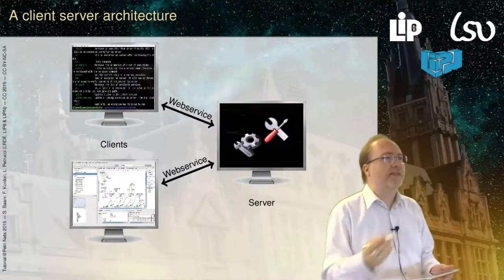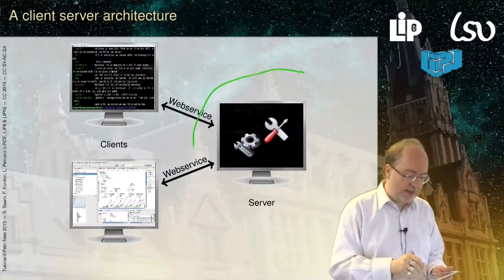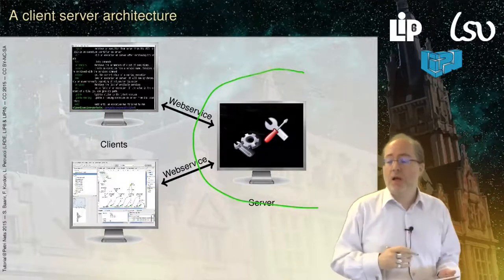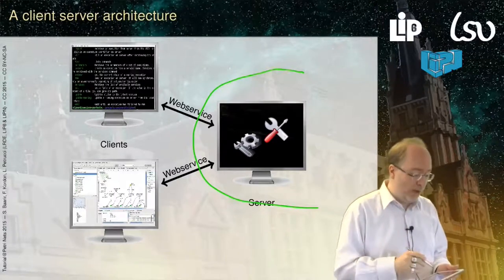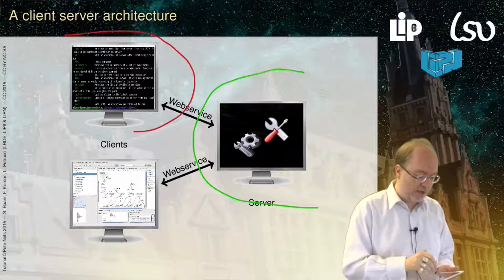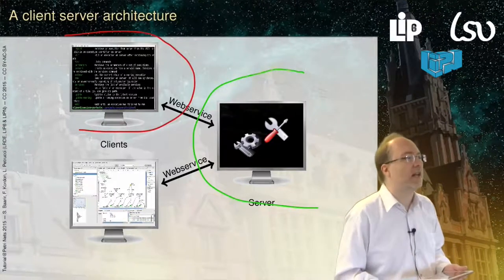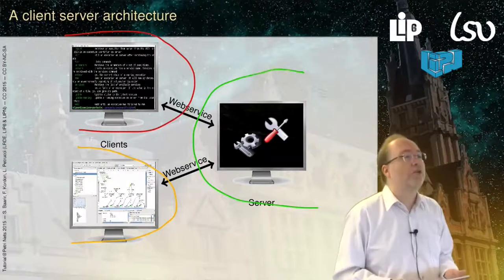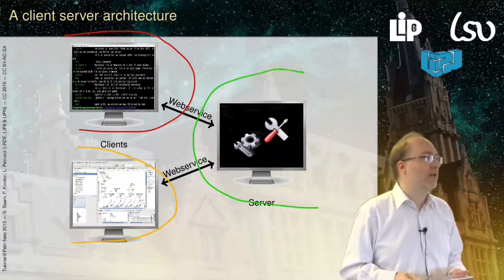There is a client-server architecture. On one side you have a server that embeds tools, and this server will answer queries coming from clients. You have a first type of client, which is a command line client, and the one you will use, which is a graphical interface client.